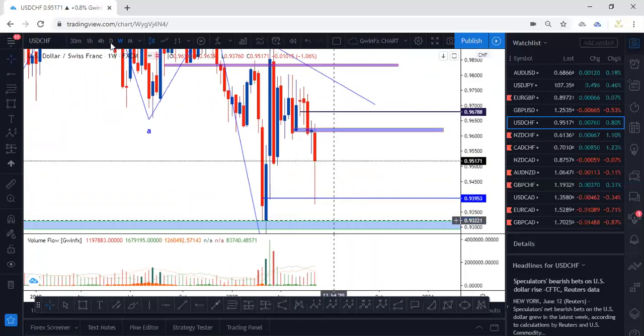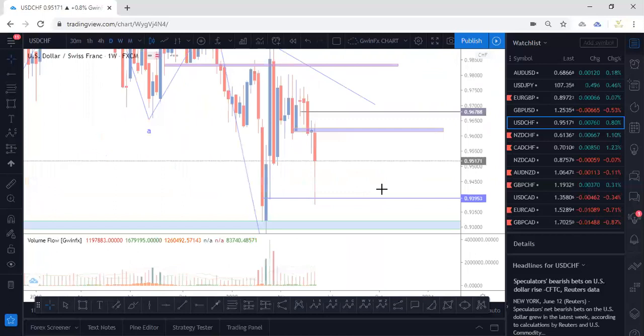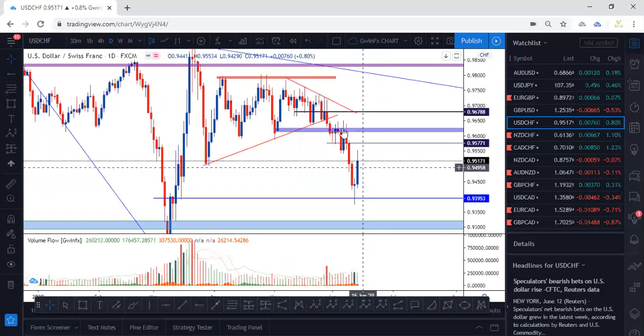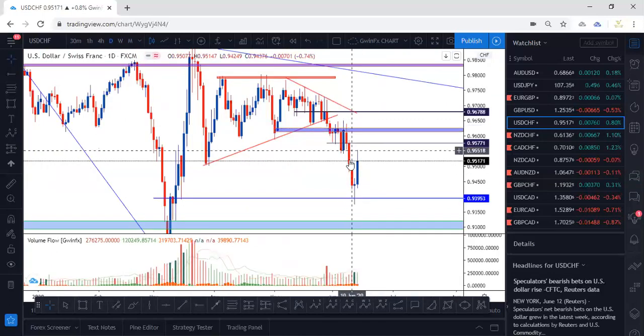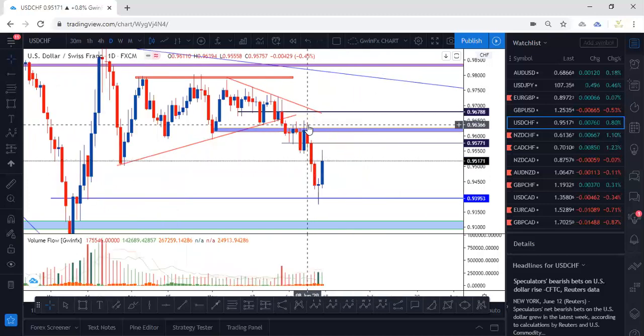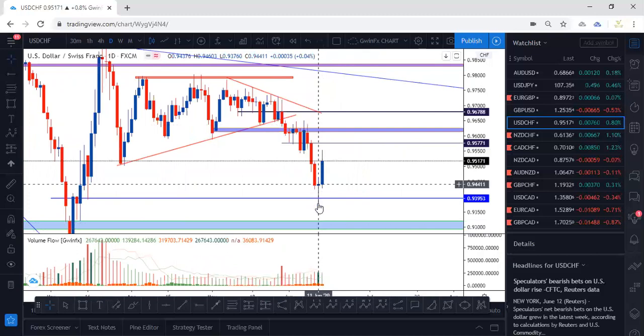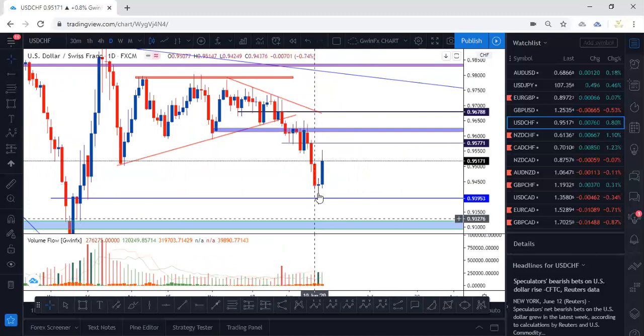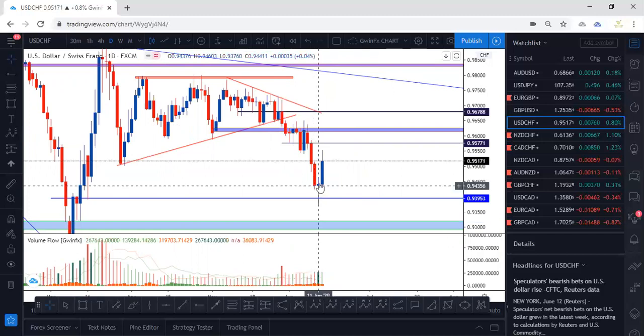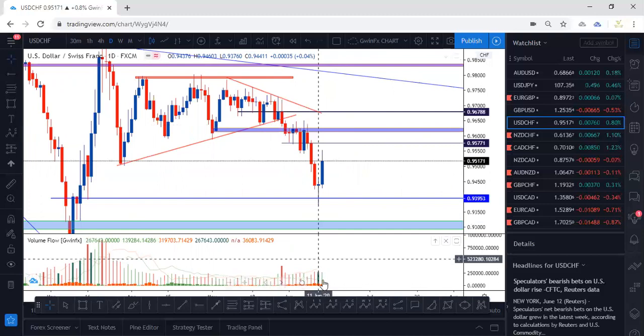So let's go down to the D1 to see what we have. Whoever sold here, this volume here was massive, and we had this rejection. It was a very massive volume, and look at the small volume here.